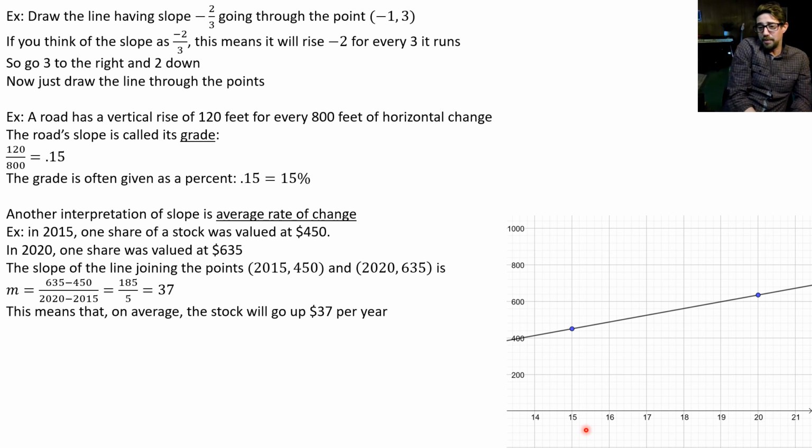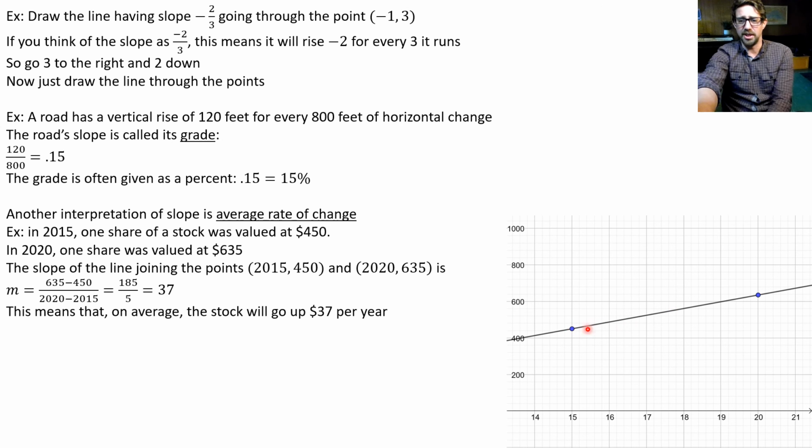So for my purposes, I started time at the year 2000. You could technically start time at the year 2015. This would just be a 0 instead. I think it's a little clearer if this is a 15 and then over here we have a 20. So in the 5 years from 2015 to 2020, it went up $185. So that's a slope of 37.